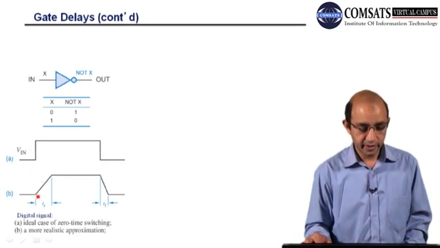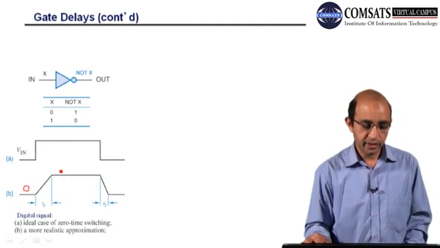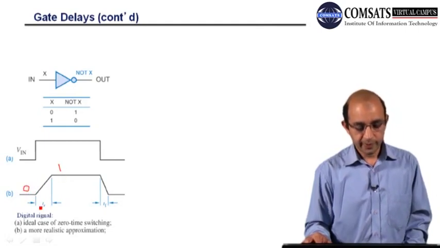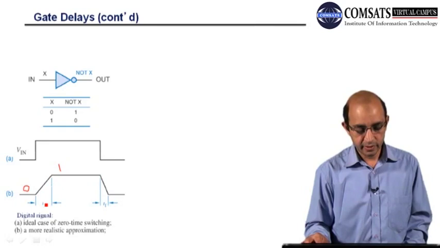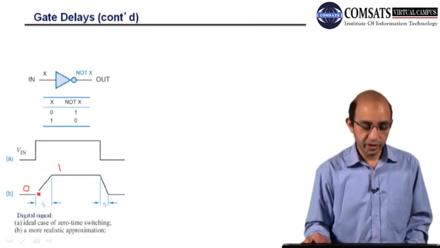Here you can see that this is level 0 and this is level 1. You can see that there is a delay, and this delay is represented by TR, meaning rise time, because we are talking about the rising edge.